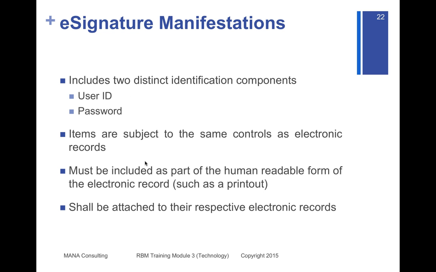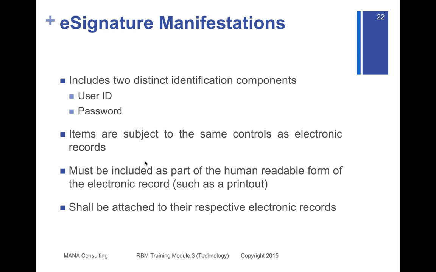And you really need to re-enter your username and password to show that you are executing a signature. So for instance, in most electronic systems where you do have to put in an e-signature, once you've logged in, sometimes you only have to enter one or the other.